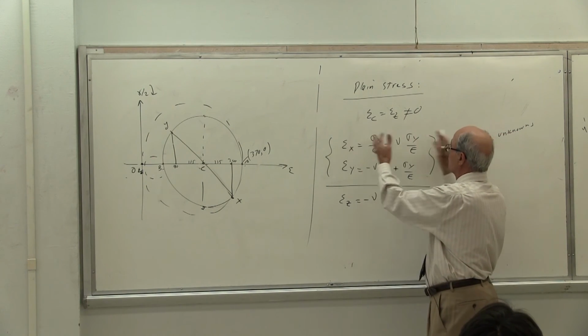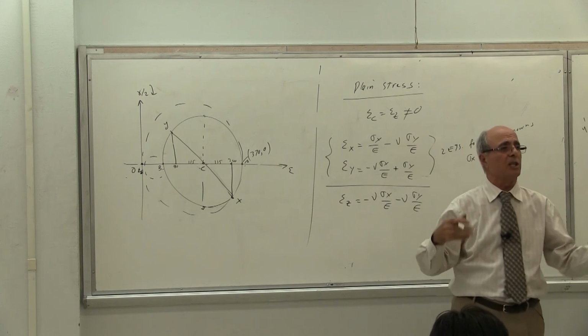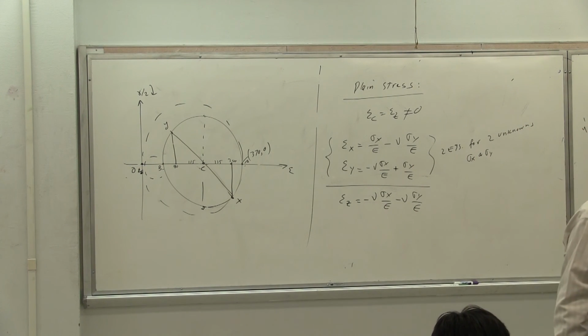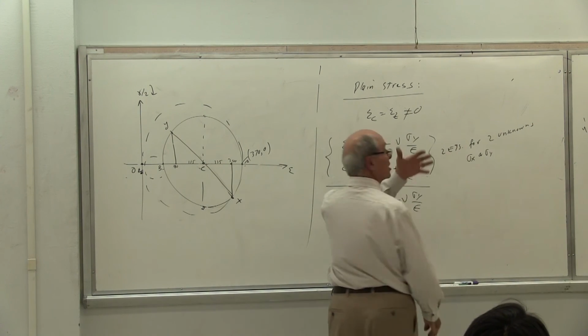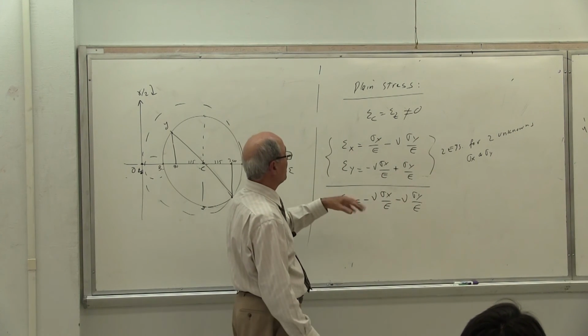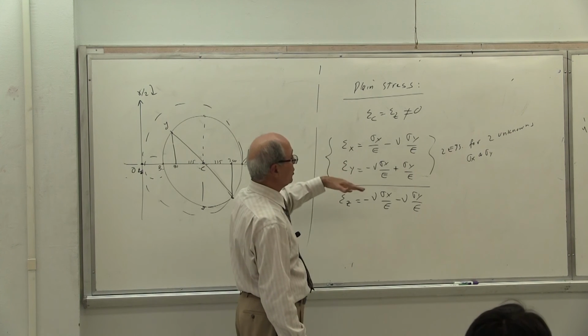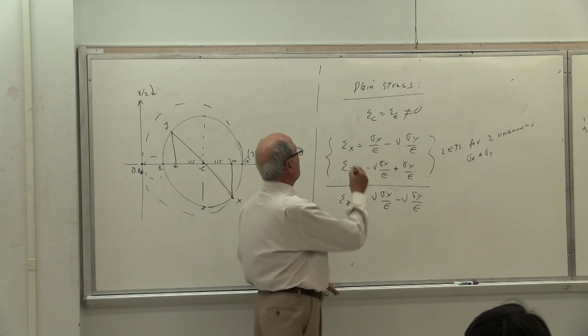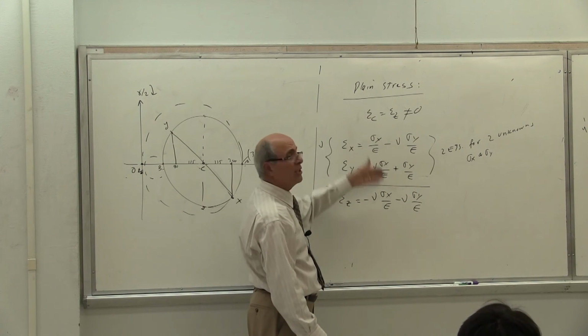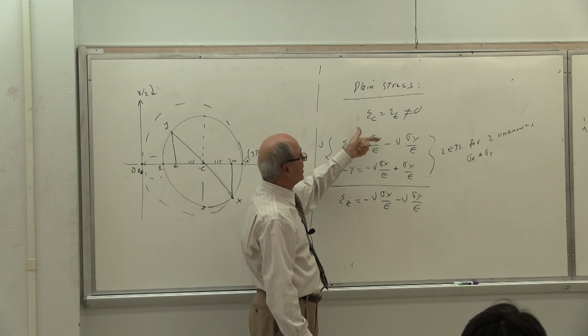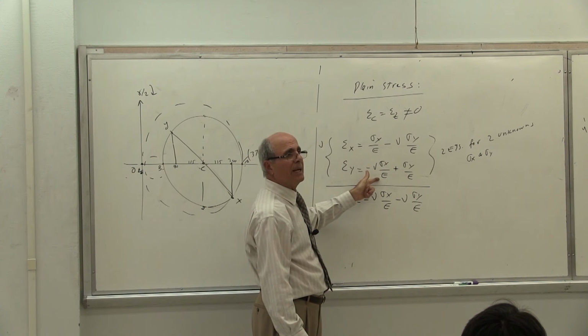So if these two are compression, this one becomes larger, or vice versa. Is that correct or not? Okay. However, I'm going to do that for you in a very short manner because I'm running out of time, so I want to show you something very important. This is how we do it without doing that. We multiply that equation by nu, everybody, the entire equation. Then we add these two together. Everybody see that? Then sigma x is going to be eliminated.